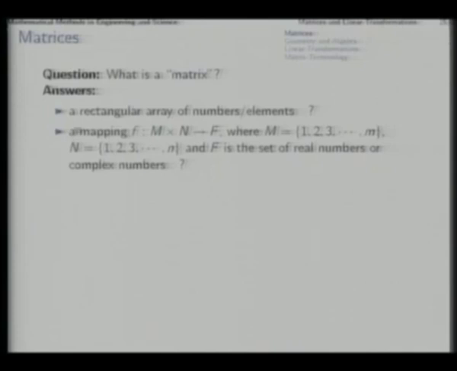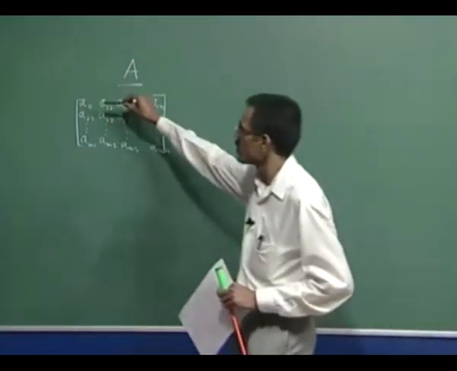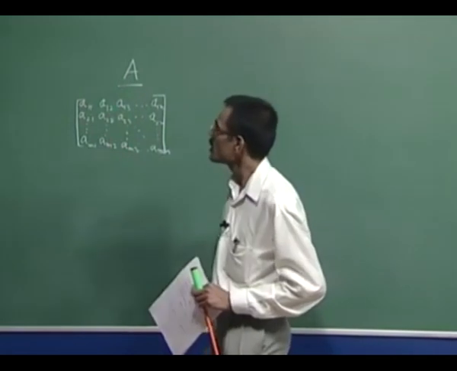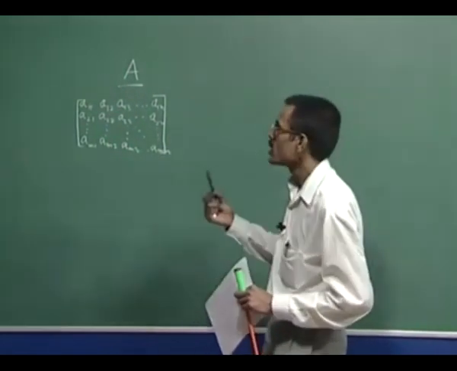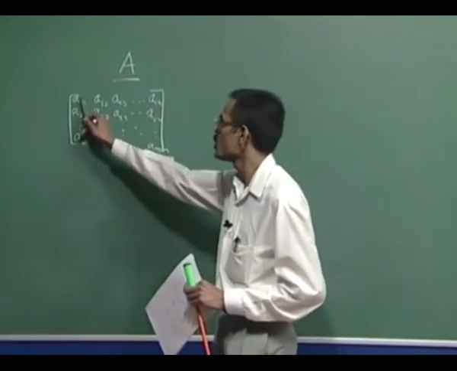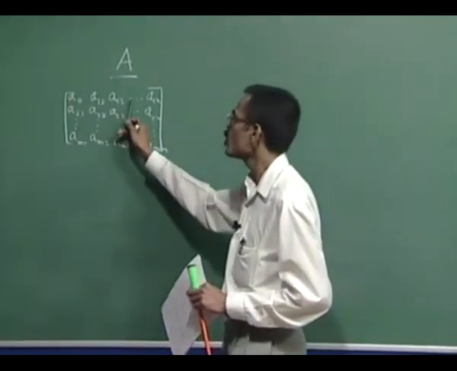Now, this technically detailed answer is essentially the same as this answer, because as you vary capital M from 1 to small m, you essentially get the row numbers, and as you vary the other index capital N from 1 to n, you basically change the column numbers.